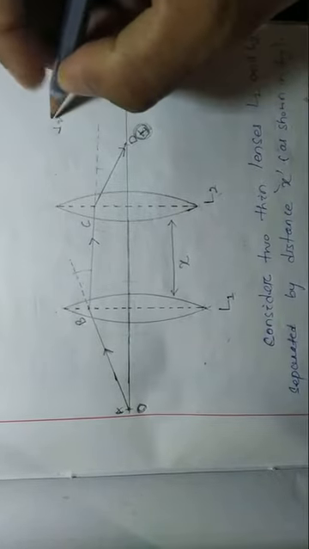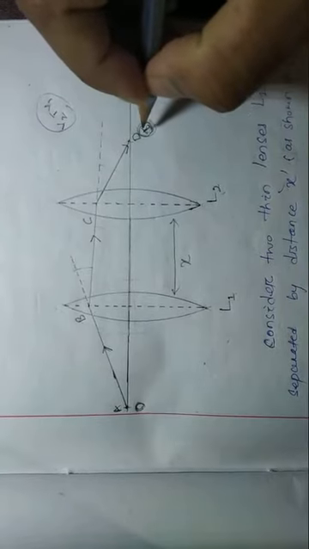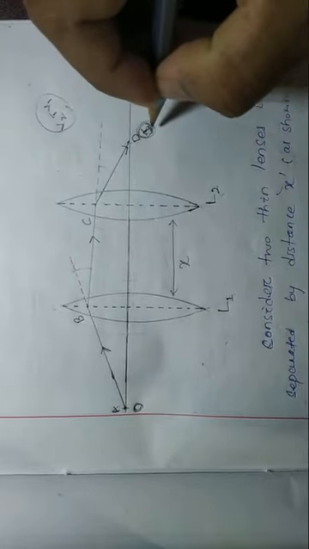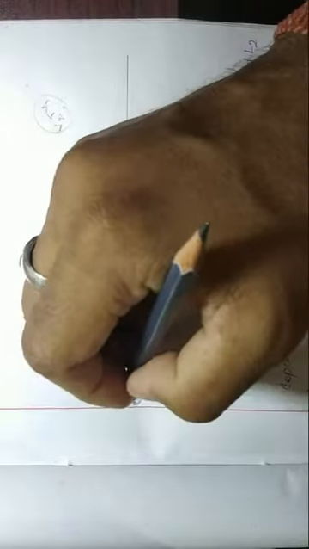That means V2, T and V1. If the image follows this, it gets back to its original position, that is, the object. So it will be V2 T V1.